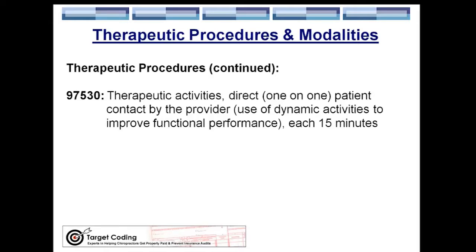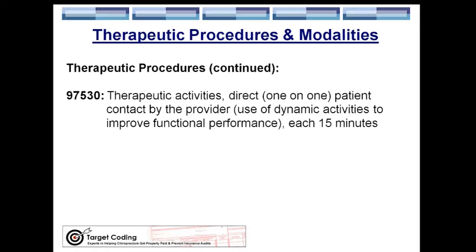What does that mean? Certain motion, certain exercises, certain activities that relate to an activity of daily living that the patient is doing in their normal day. So it's used in this sense.